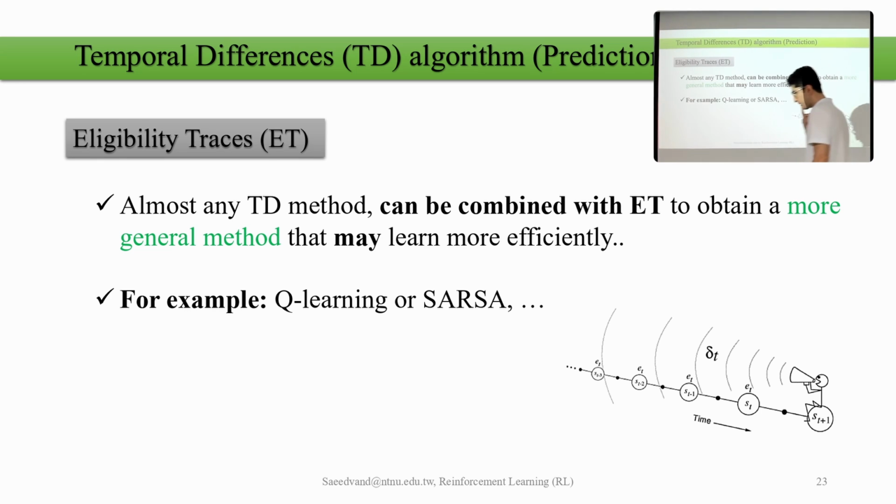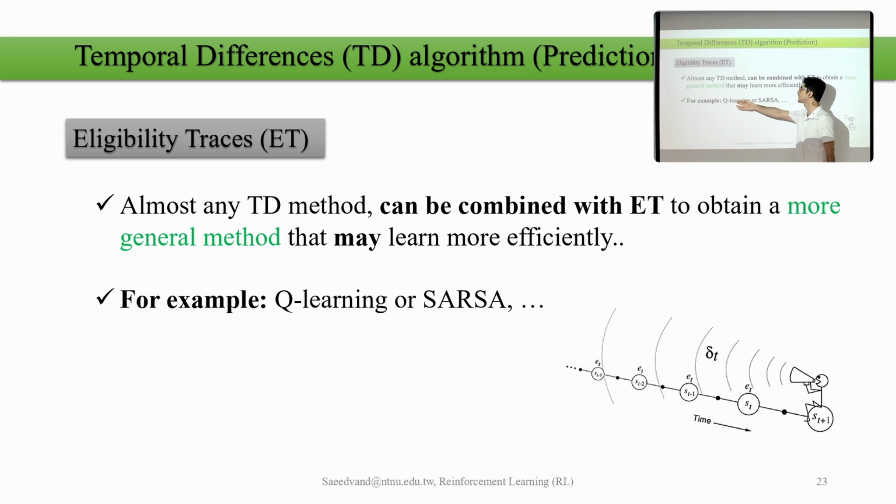So we have a couple of useful points to know about it. Almost all of the TD methods can be combined with the eligibility trace algorithm, for example Q-learning or SARSA too. As I told you, in the next lesson we are going to talk about the algorithms Q-learning and SARSA. We will see the most basic and most useful techniques of how to implement them, and also we will solve some problems in practice.